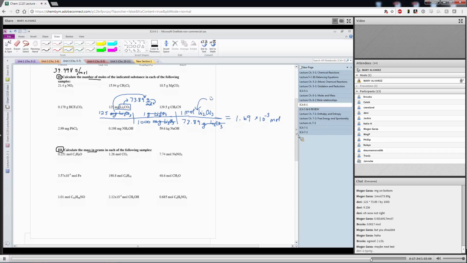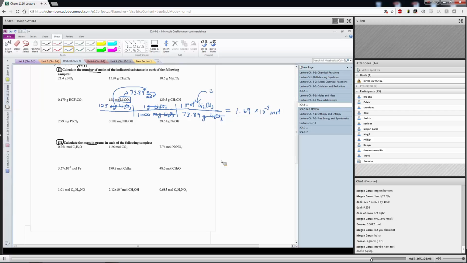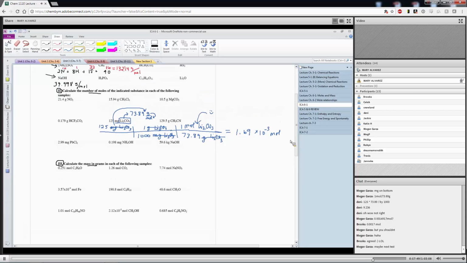Let's do one from section 3. I think I told you guys, when you're doing your in-class activity sheet, I strongly recommend writing down a description of what you're doing in the margins so that when you go back, you can solve that.